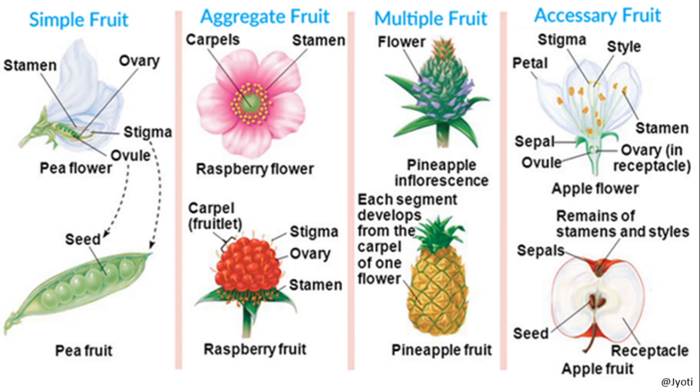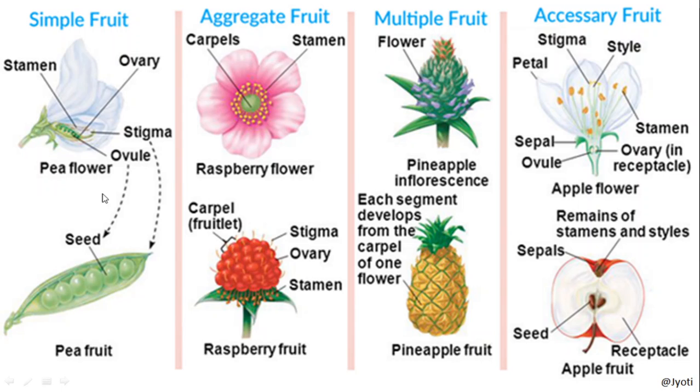Okay, so let us discuss the types of fruit here. The first one is simple fruit. As you can see here, this is the pea flower. Here only one carpel is present, and so the ovary has marginal placentation.